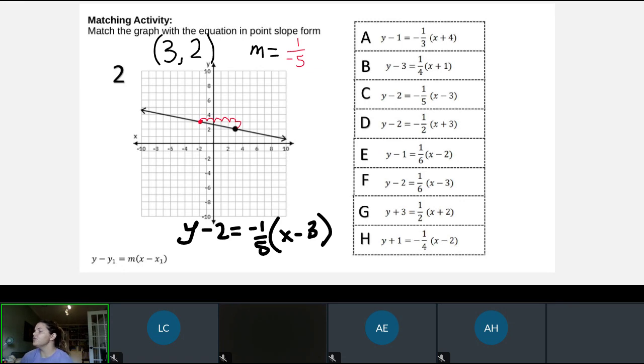So, Liv, if you are just given 2 points, then yes, you do need 4 numbers to do the slope. If they give you a graph, that's where we can count rise over run to calculate the slope.